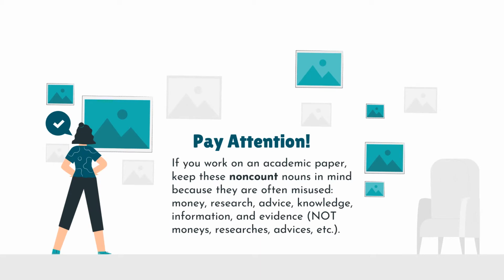Pay attention if you work on an academic paper, keep these non-countable nouns in mind because they are often misused: money, research, advice, knowledge, information, and evidence. Never write monies, researches, advices, etc.